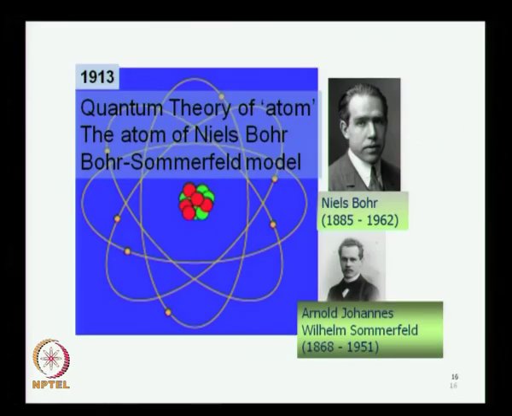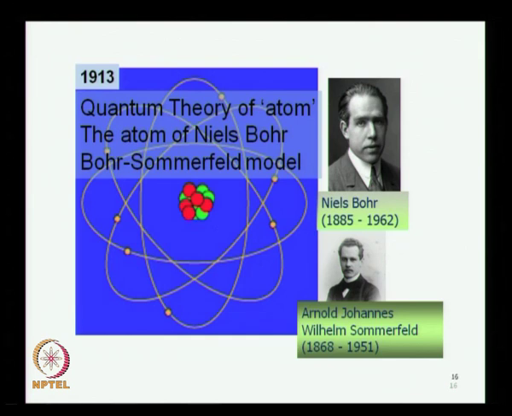Then, that was toward the end of the 19th century, and in the beginning of the 20th century, Niels Bohr came with what we call Bohr's model of the hydrogen atom, and this model, which I am sure all of you have studied, also gives you the 1 over n square term.